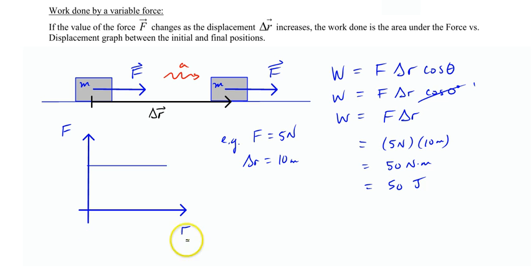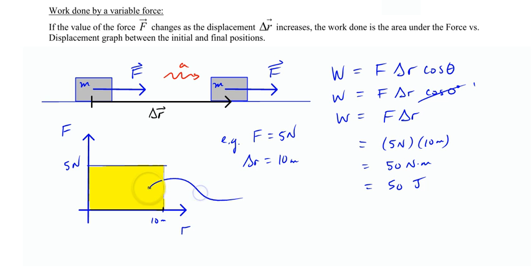If you take a look at this graph over here, where you have force versus displacement plotted, what do you think that would represent on that graph? So the force is 5 newtons here, and the object is moving a displacement of 10 meters. So this is delta r here. Hopefully you're thinking it represents the area under this curve.